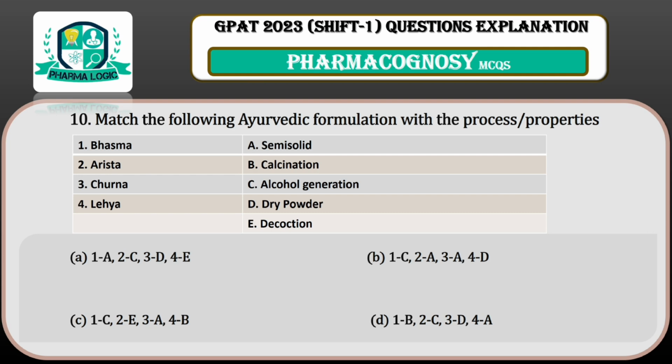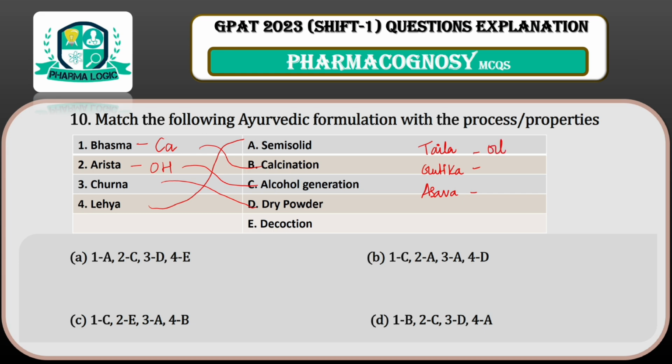Match the following Ayurvedic formulation with the process or properties. Bhasma is a preparation which has calcium, something related to calcination. Arista is an alcoholic preparation, so it is alcoholic generation. Churna is a dry powder and Lehya is a semi-solid, kind of an ointment. Apart from these, you need to know about Taila, Gutika, and Asava.